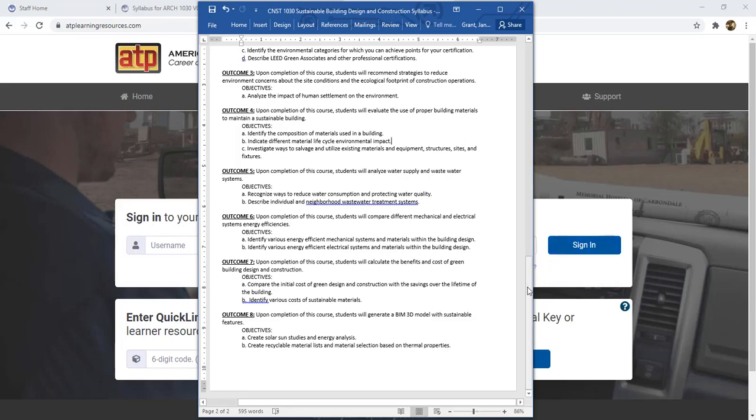Water supply, wasting it, and what kind of systems we can use to protect that water and keep it clean, and also mechanical and electrical systems that will be energy efficient in our design and making those choices. We're going to take a look at the cost of using green material and calculate some of that. And again, taking a look at the lifetime of the building and the cost as it relates to that.